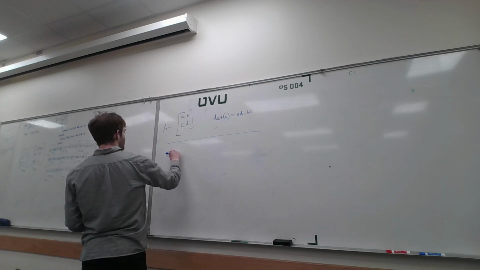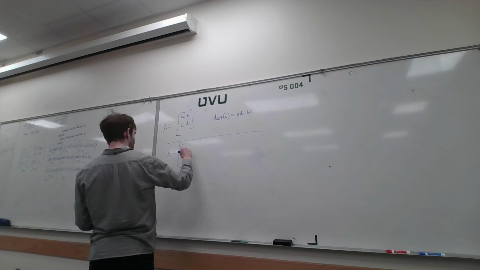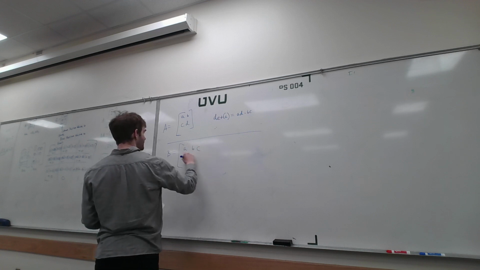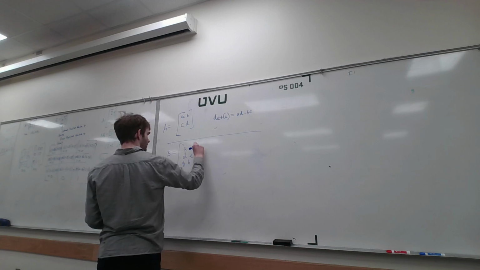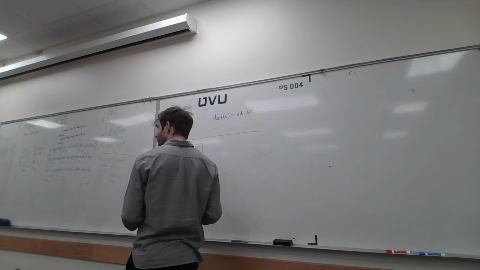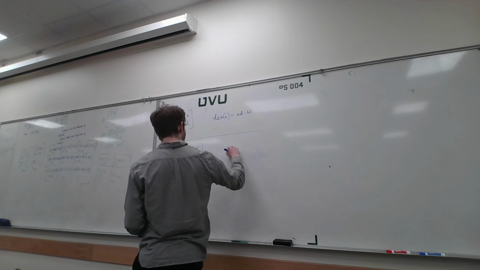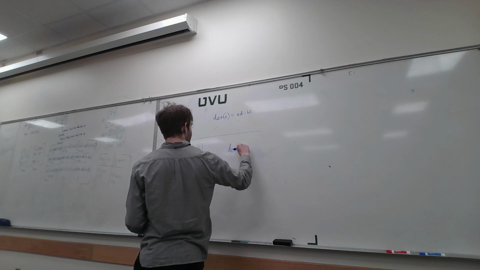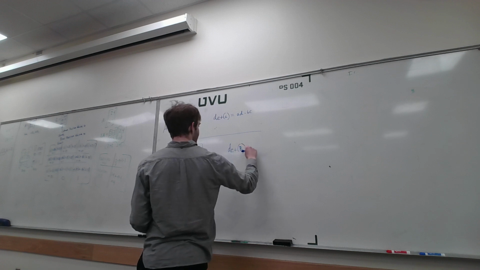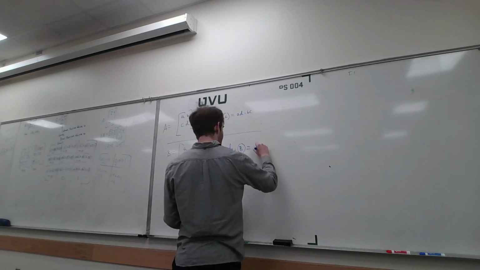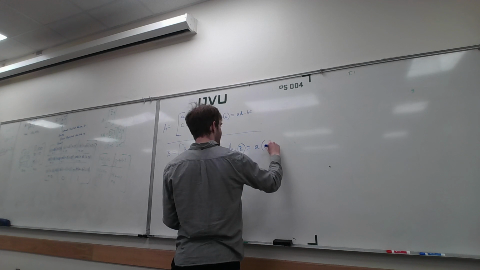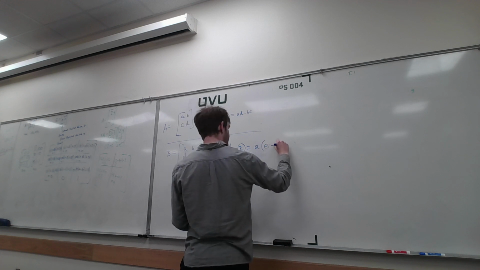Let's say that we have some B matrix that has A, B, C, D, E, F, G, H, I. If I want to find the determinant of B, that's equal to A multiplied by E times I minus FH.